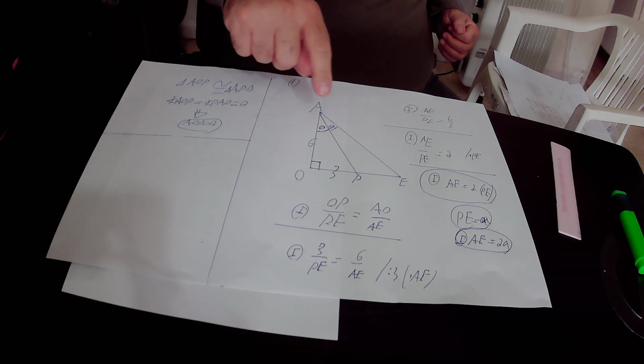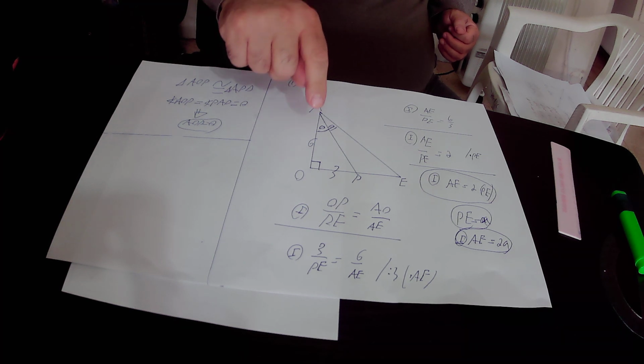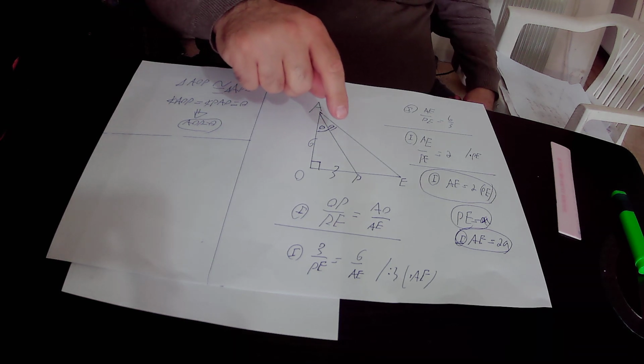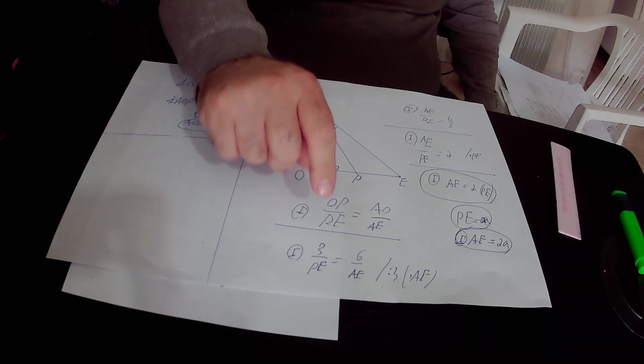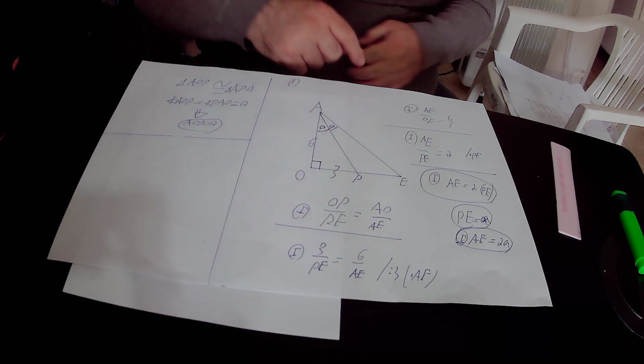OP equals 3 units, PE is PE, OA equals 6 units, and AE is AE. So we found that 3 over PE equals 6 over AE.